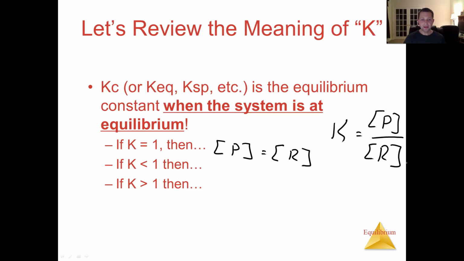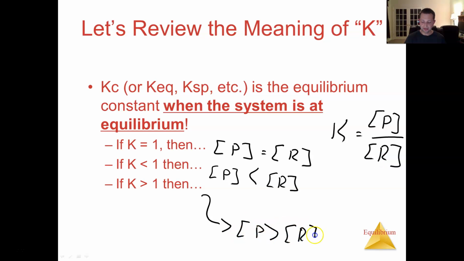With some simple math, if K is less than 1, you have a bigger denominator, so the concentration of products is less than the concentration of reactants.